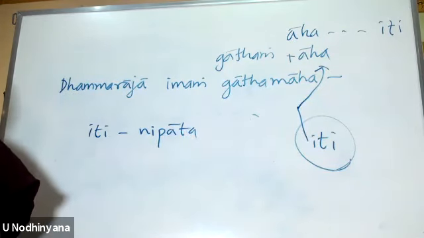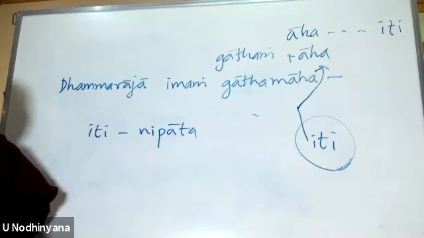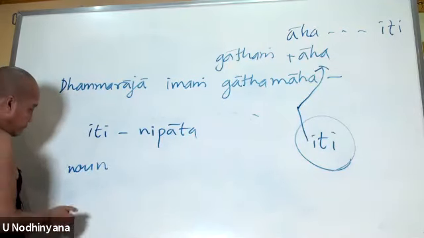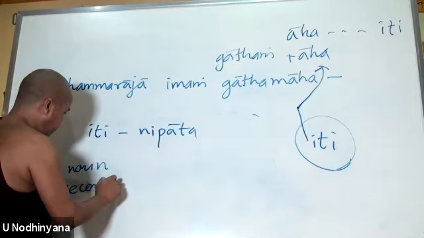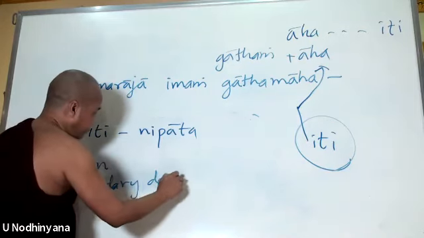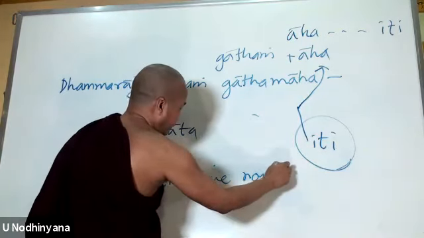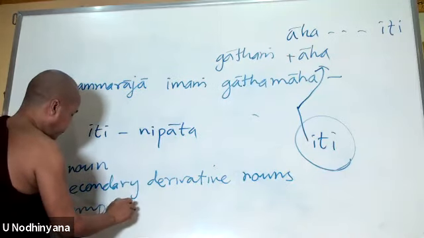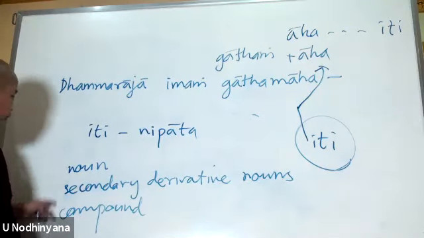I think you have already learned in Pali, for example, general nouns, primary derivative nouns, secondary derivative nouns, and compounds.